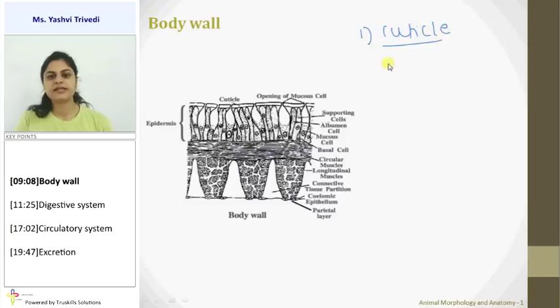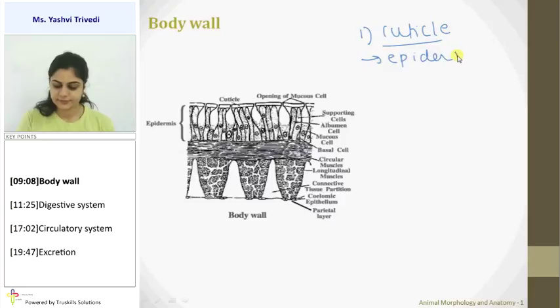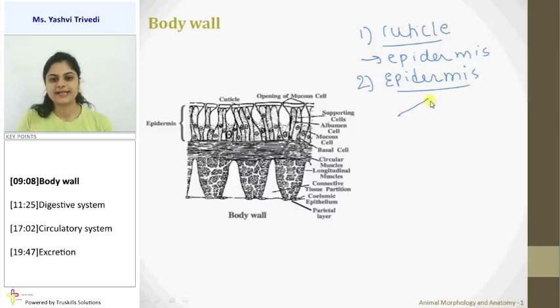The layer of cuticle basically emerges out of the epidermis only. The second layer is the epidermis itself. The epidermis is made up of 2 types of cells. One are the columnar cells, which are called supporting cells, and the second are the oblong-shaped gland cells.